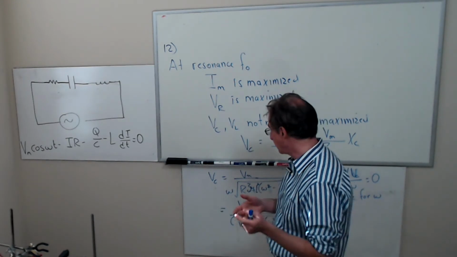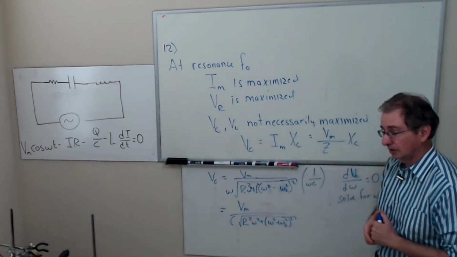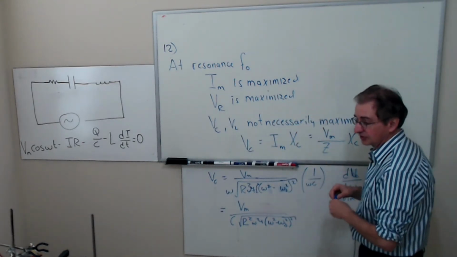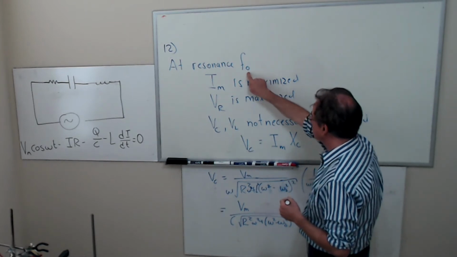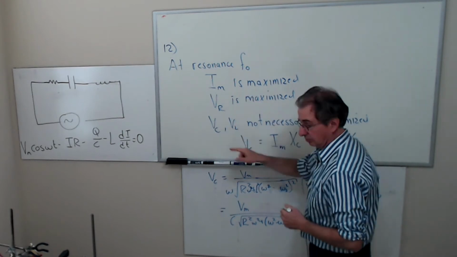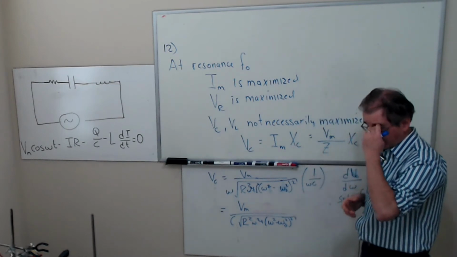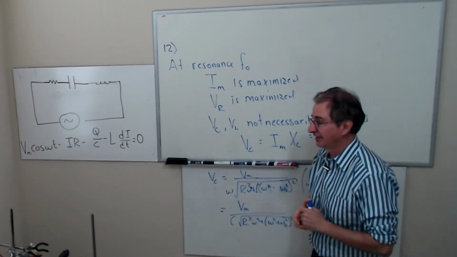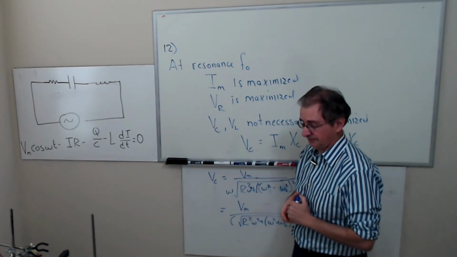The potential energy is not maximized at that frequency. You see the same kind of things there too. So be aware that at resonance, this is maximized and this is maximized, but not these two. And a lot of times students don't see that. Okay.